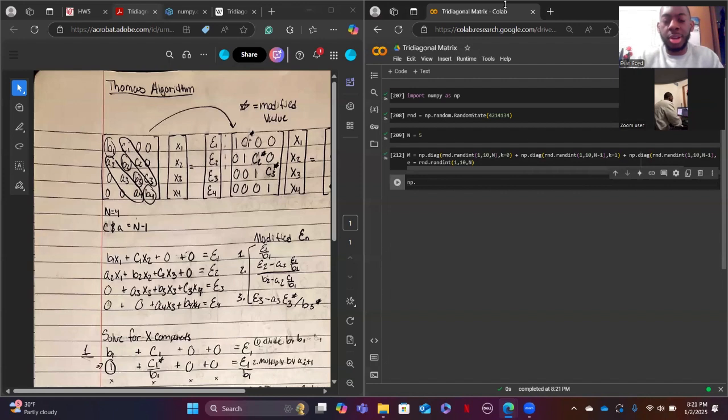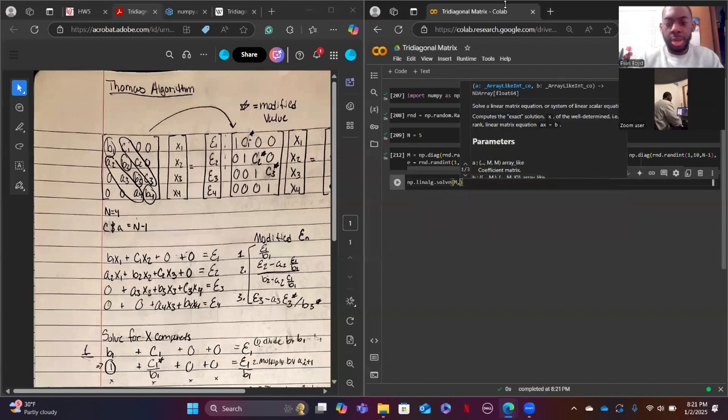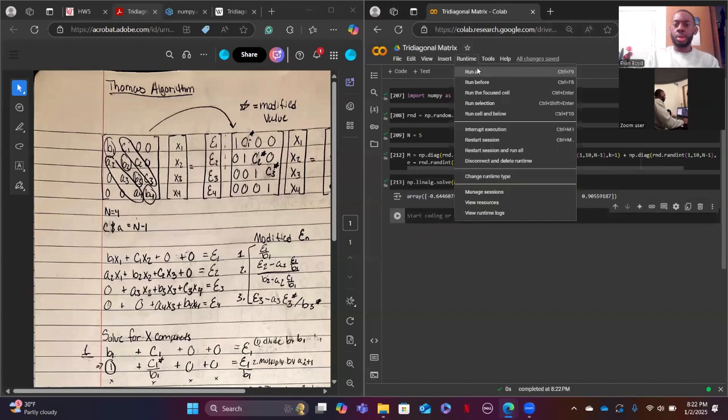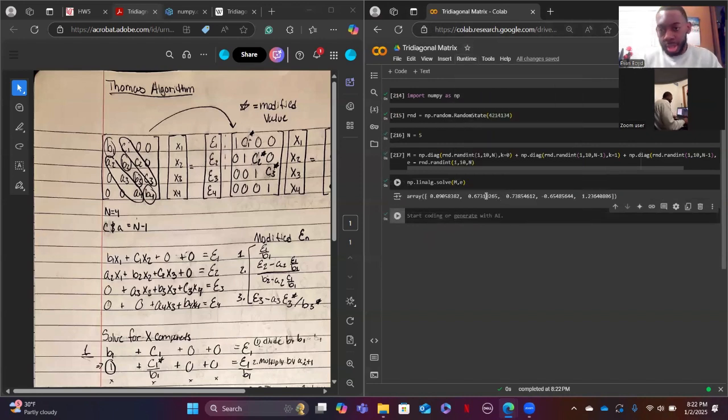All it is is np.linalg.solve for M and then for E. If we do this, let me show everything here. This is actually all of our x's from top to bottom. Yeah. It already does this for us. There's already a solver in Python that does this, this Thomas algorithm equation.